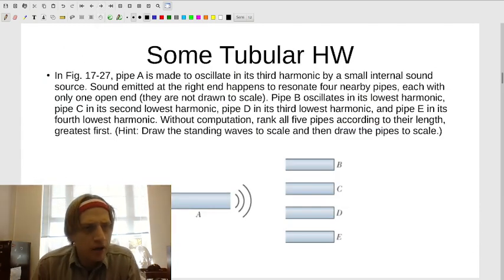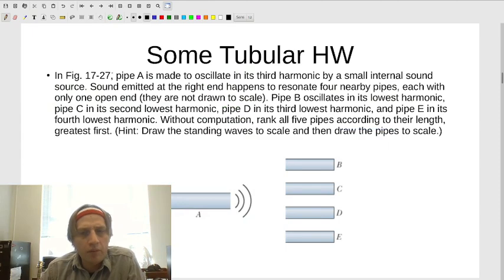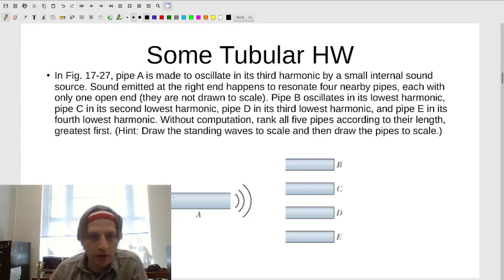Okay, so here's a homework problem that I gave to you. It's not intended to be super deep, but it is helpful to think things through. It says, okay, pipe A is made to oscillate in its third harmonic by a small internal sound source. Okay, so remember, here we've got two open ends.